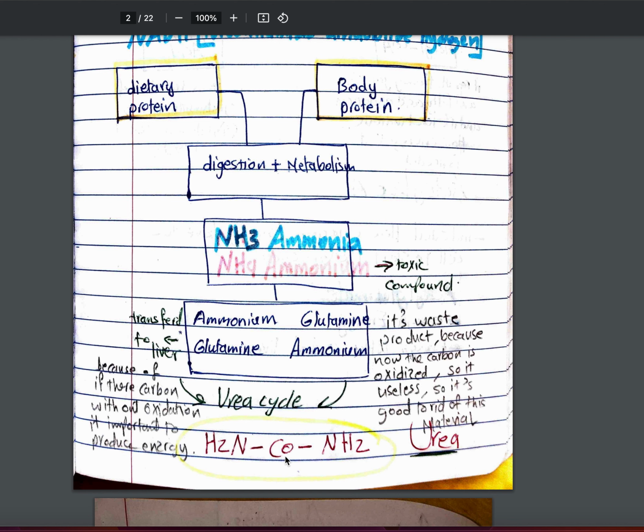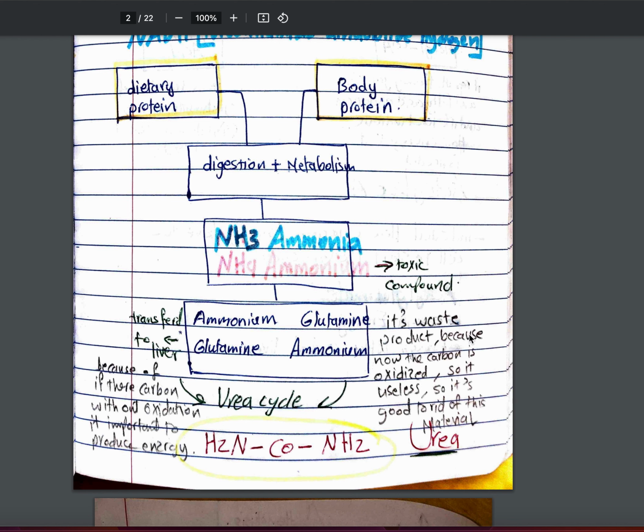The urea, as you can see, has carbon double bonded with the oxygen, and bonds with NH2 and NH2. So it's a waste product because the carbon already has 4 bonds, so it's not useful. That's exactly why we say urea is a waste product, because if the carbon could bind to another thing, then it wouldn't be a waste product.